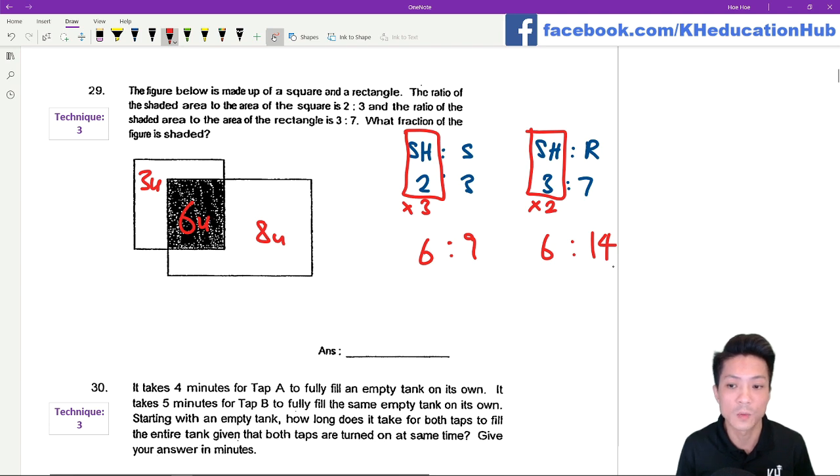So 8 plus 6 will give you 14. Okay, the total units will be 3 plus 6 plus 8, which will be 17 units. Fraction of the figure that's shaded will be 6 out of 17.